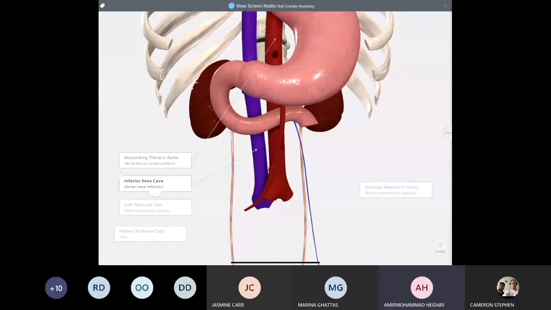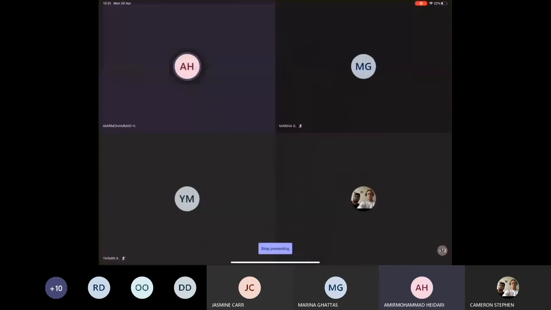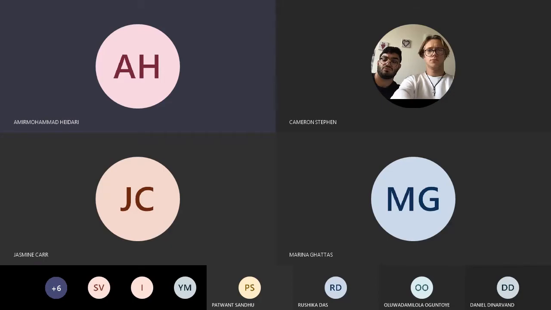There are three reasons why, in general, you would get more varicosities in the left testicular vein. One is that in 40% of people, the left testicular vein doesn't have valves. The second one is the SMA, the superior mesenteric artery, that angle that we talked about.